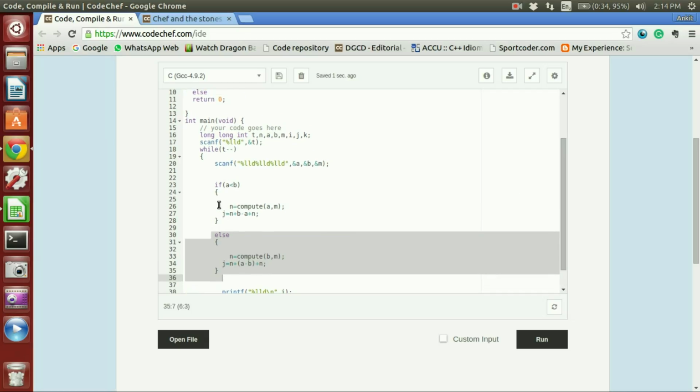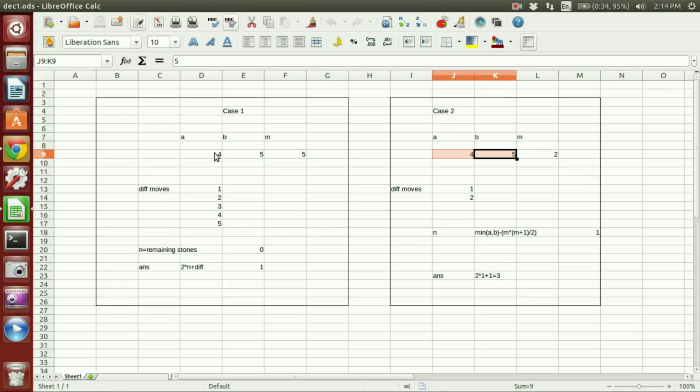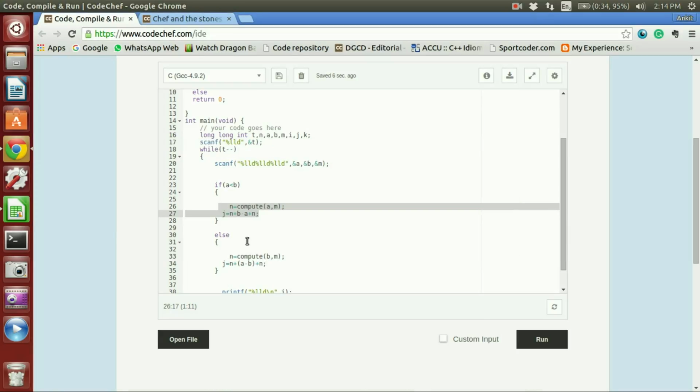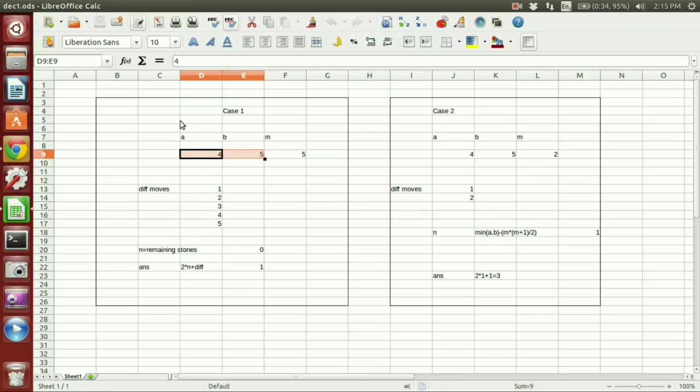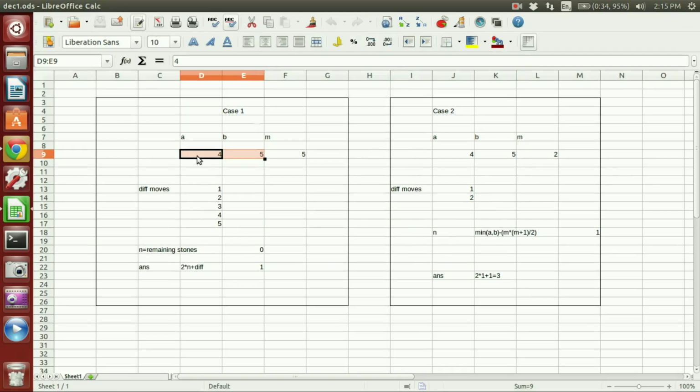So let's suppose a is less than b, as in our case 4 and 5. So we are passing the minimum value, that is a, and m, to the function compute. The function compute is calculating for us the value of n.